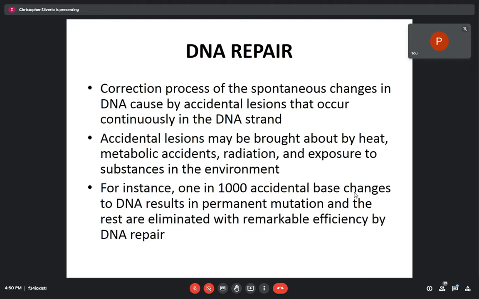You can just imagine the UV light entering your skin, bombarding your skin when you are exposed under the sun. It causes breakdown, breakage, fragmentation of your DNA strand. Okay?